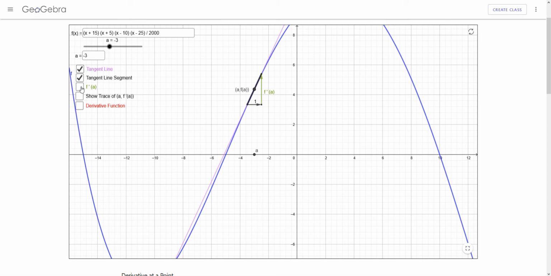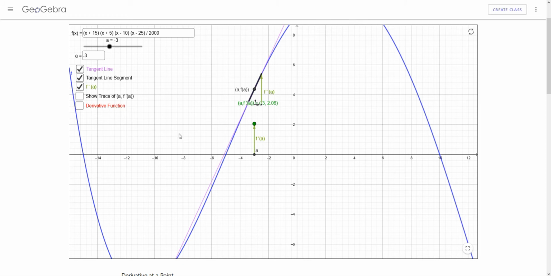We can bring that distance down here to the x-axis by clicking on this. This one and this one are the same length, and we see that distance there looks like it's about 2, maybe a little bit more. And that is the value of the derivative.